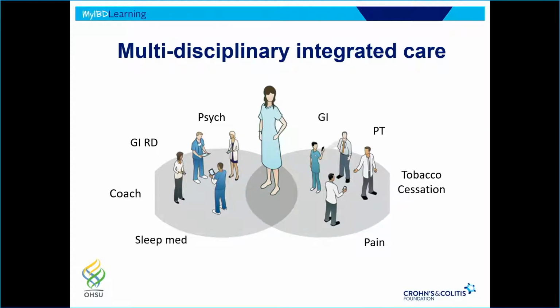There are many centers around the country that are creating these multidisciplinary integrated care centers. At the center of it is really a health psychologist, dietitian, a physician, and then lots of other integrated services that may be helpful for certain patients.